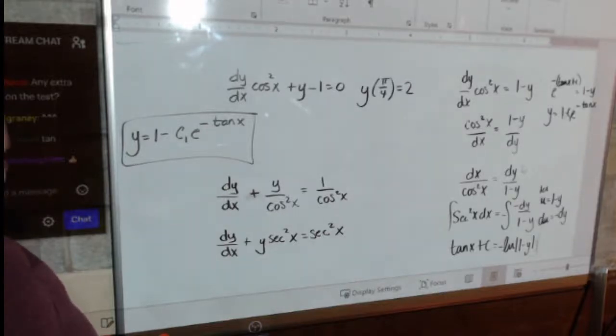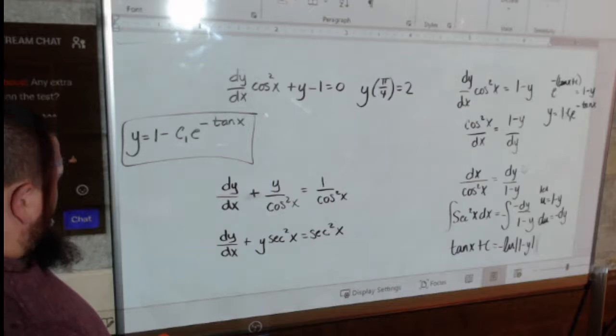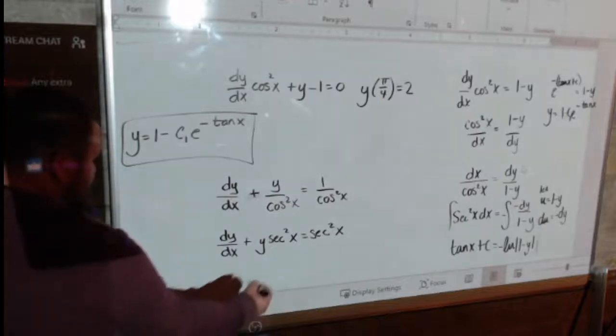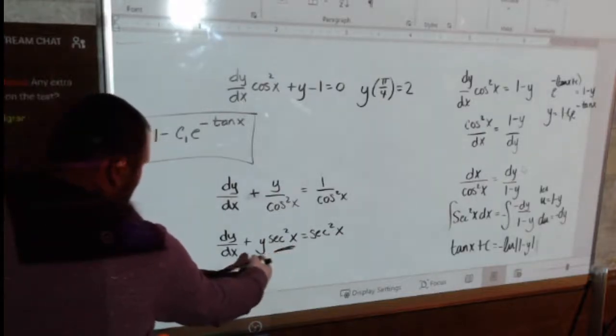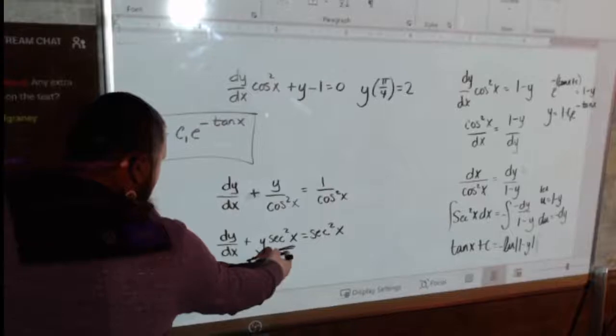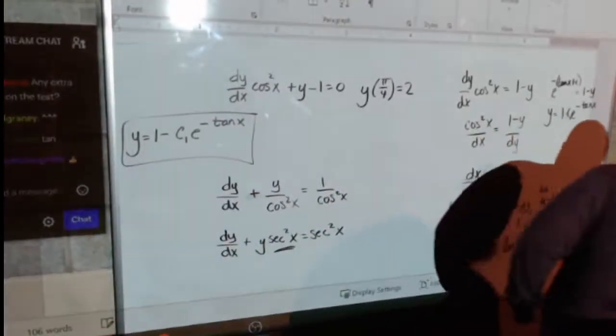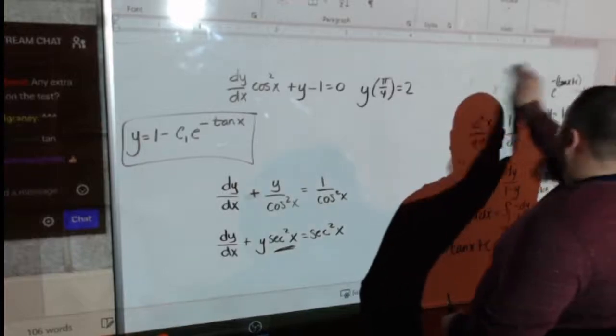So at that point, I need to find my integrating factor. Well, my integrating factor depends on this multiple here on y. That's my p of x. So I can solve for mu.